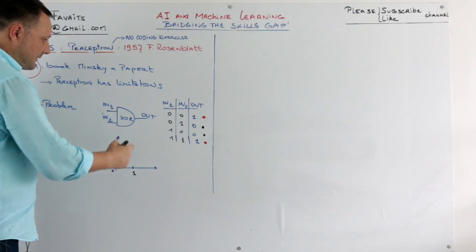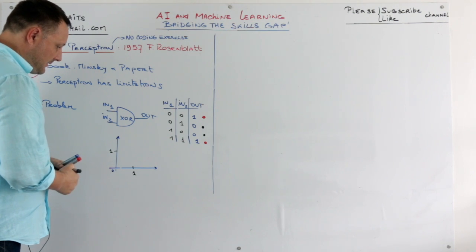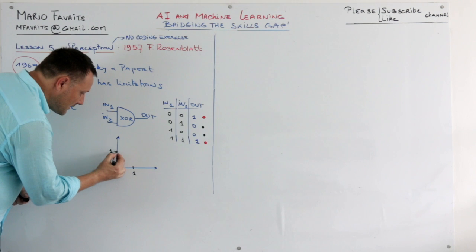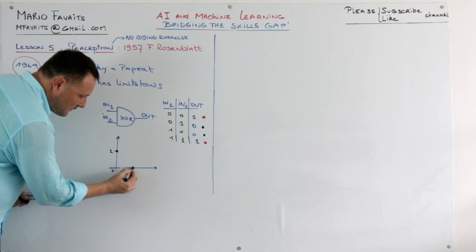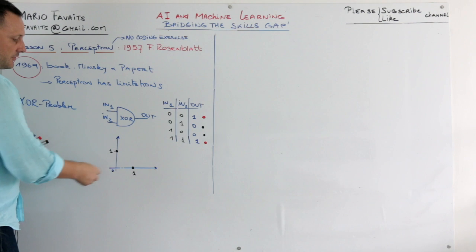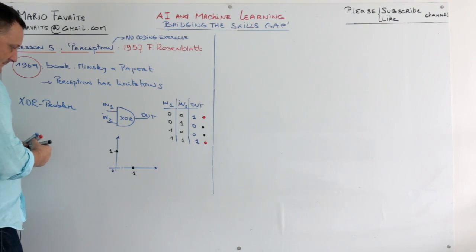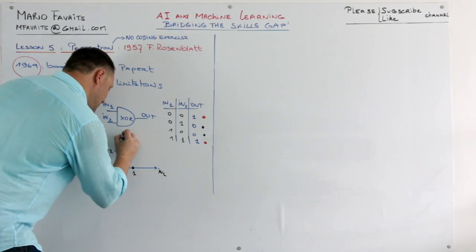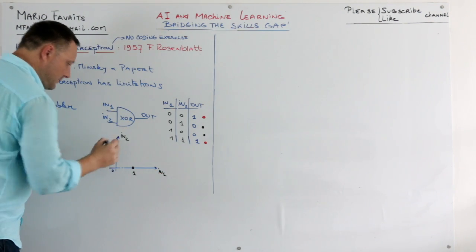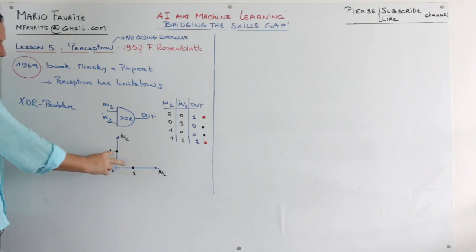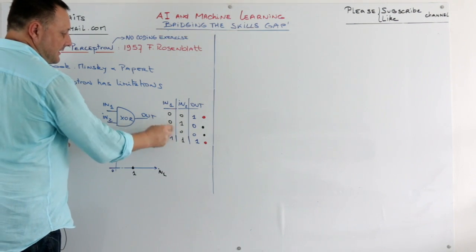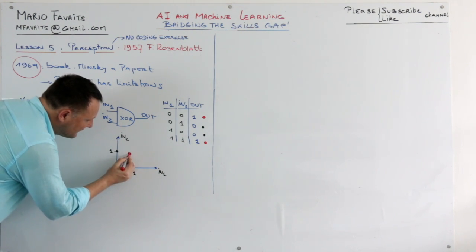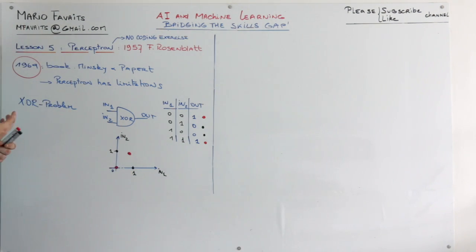In black we have these two points. These are in1 and in2. So the output is 0 when both inputs are the same, and 1 when they differ. So this is how you visualize an XOR gate.